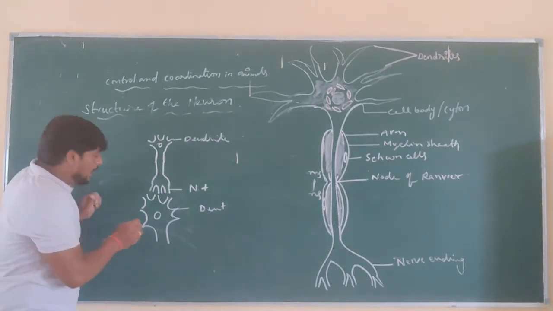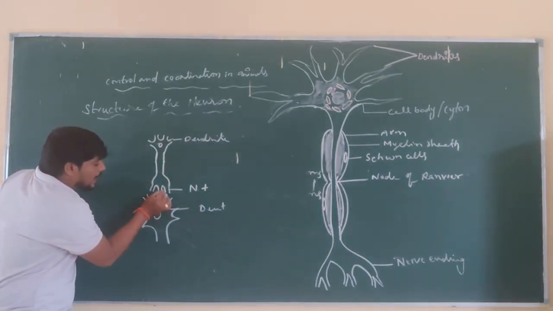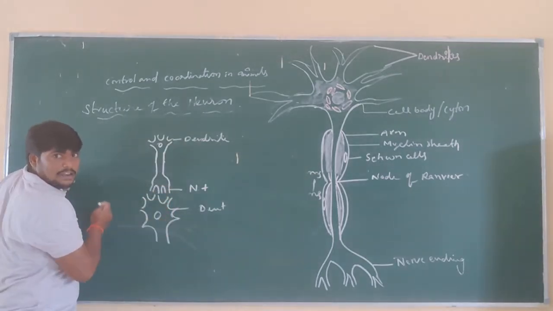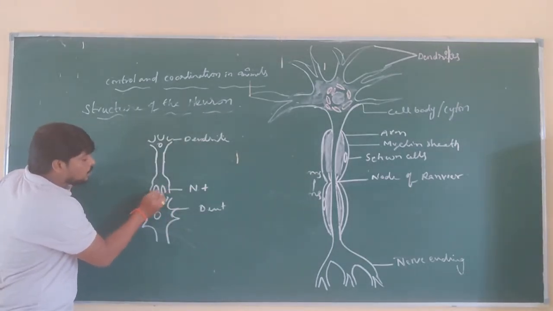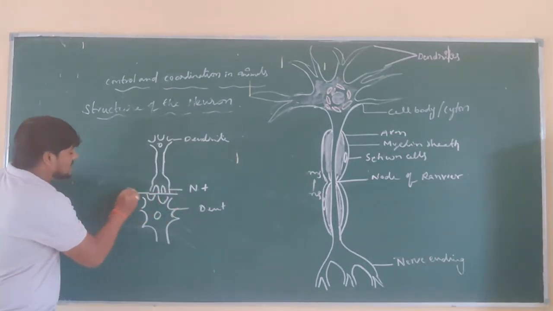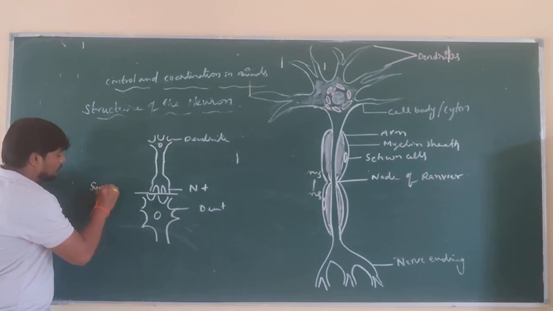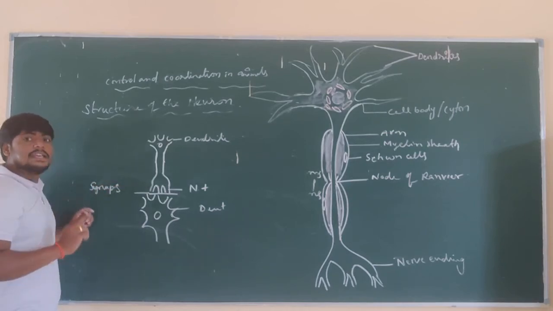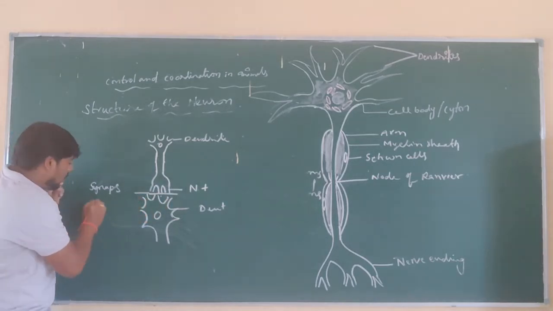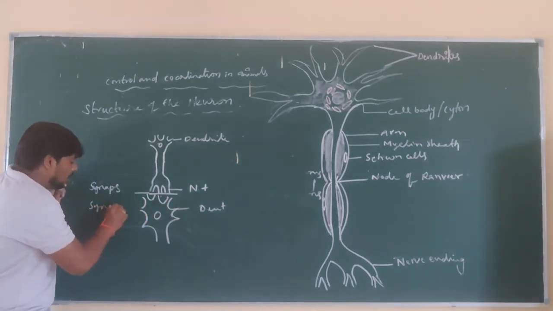This nerve ending is connected to the dendrites of the adjacent nerve cell. Where the two nerve cells meet, that gap is called synapse. What is it called? Synapse. This synapse is called the synaptic knob. What is it called? Synaptic knob.